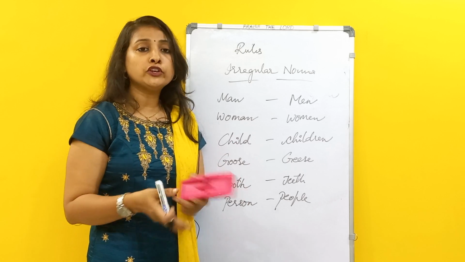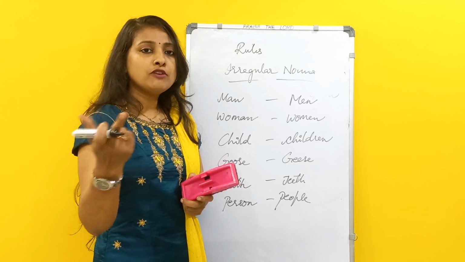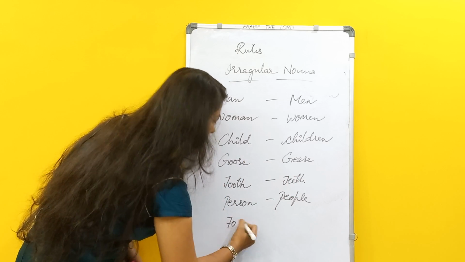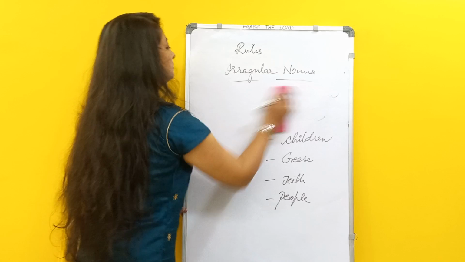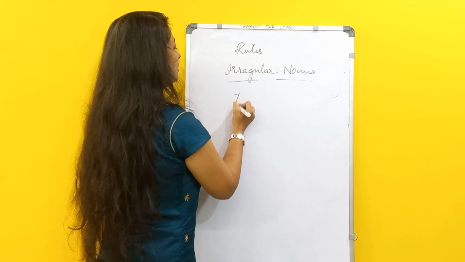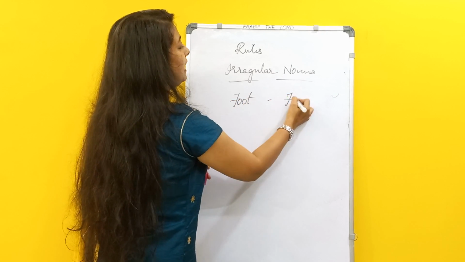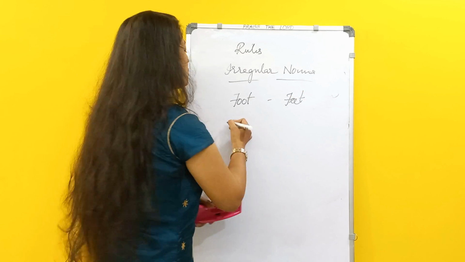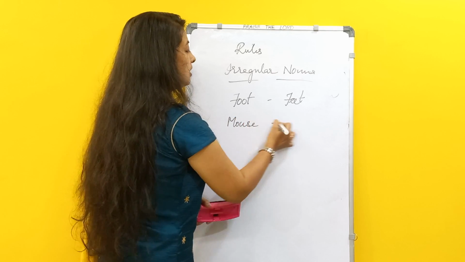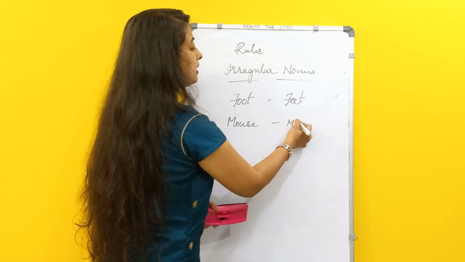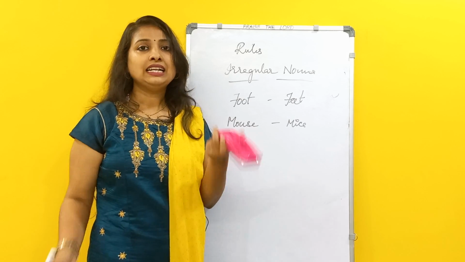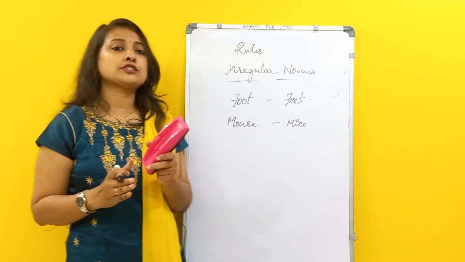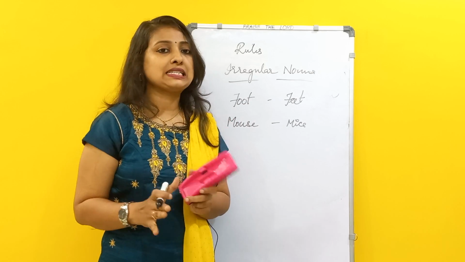Suppose foot, one foot or feet, so many feet. Foot and feet, like one mouse, many mice, right? Is it understood? So when you are talking about irregular nouns, they have to be memorized the same way as they are, right?